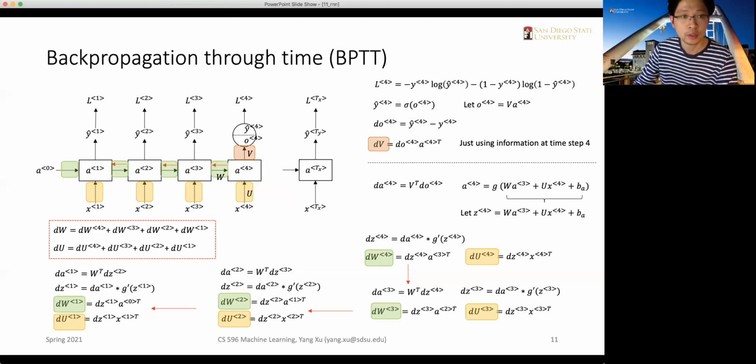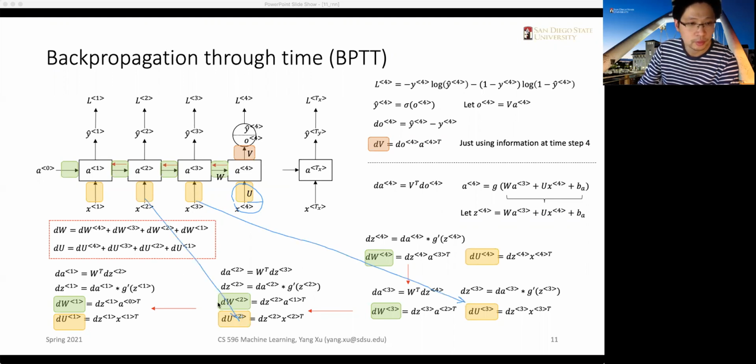In the example here, if we look at the gradients in the yellow color, focusing on the gradients for the weight matrix U, we actually go 3 steps back. We go to the time step 3, which is the dU at t equals 3, and dU at t equals 2, and the dU at the first time step.